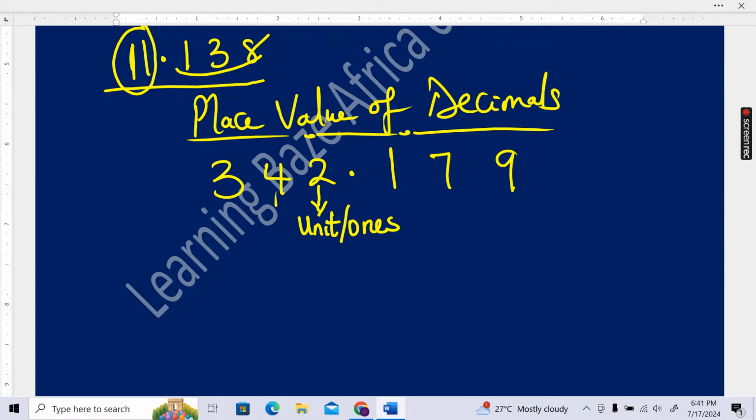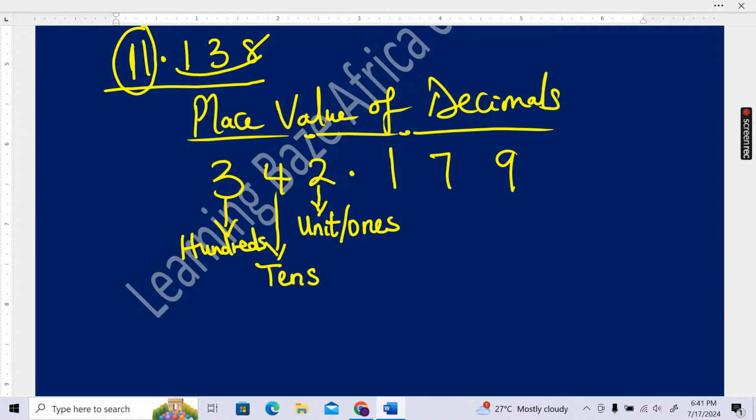For the digit 4, after the units we have the tens, and after the tens we have the hundreds. So we have units, tens, hundreds, thousands, 10,000, 100,000, million, 10 million, 100 million, billion, 10 billion, 100 billion, and so on.